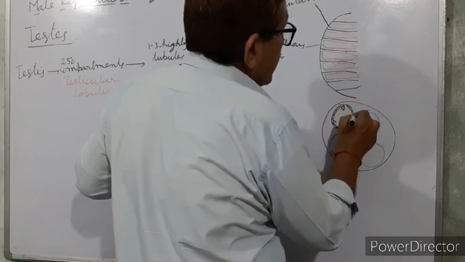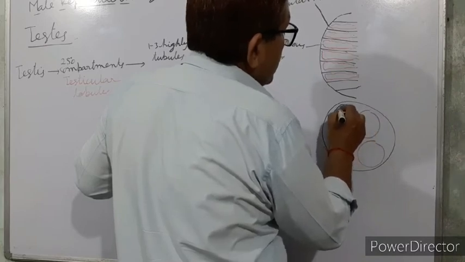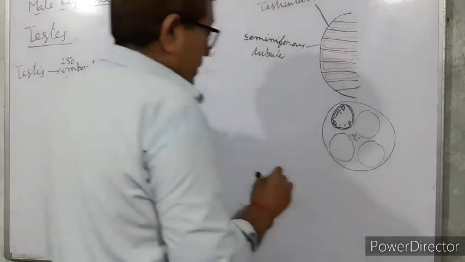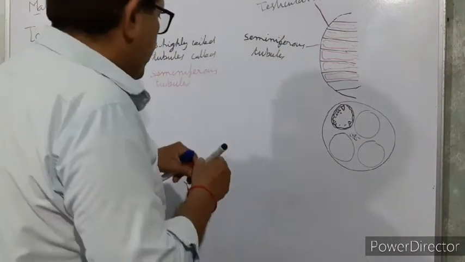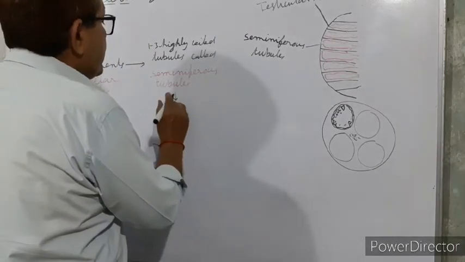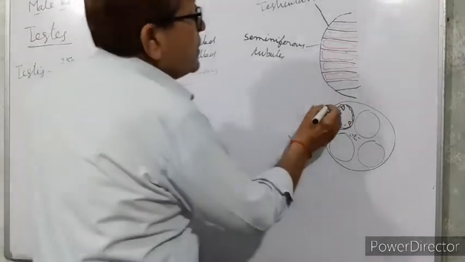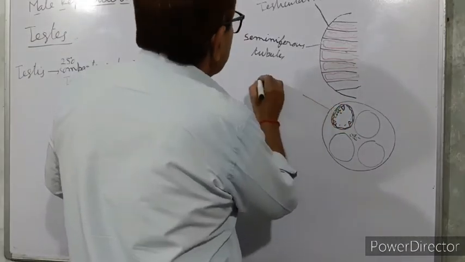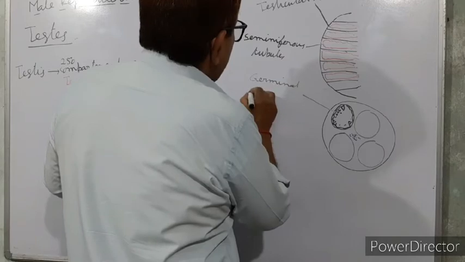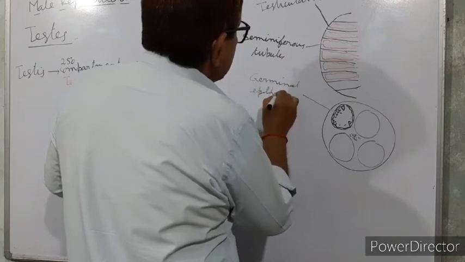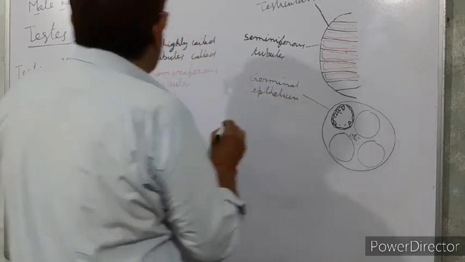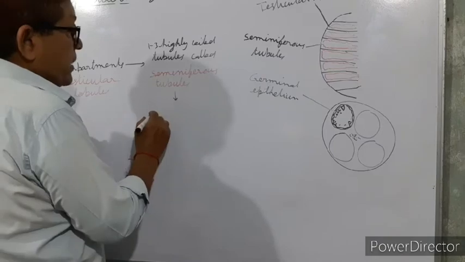In the germinal epithelium, two types of cells are there.